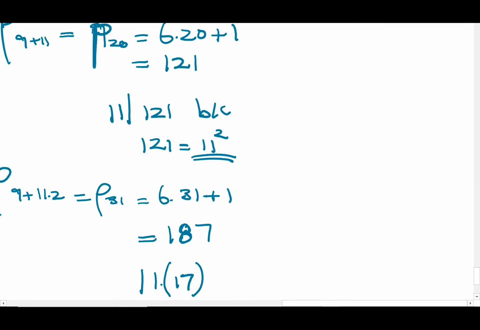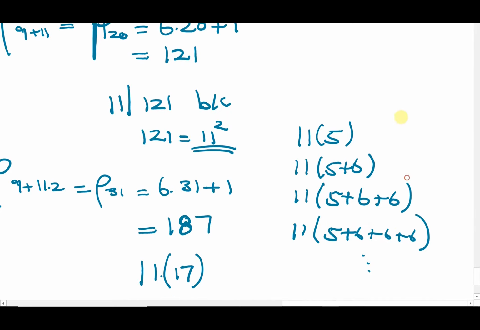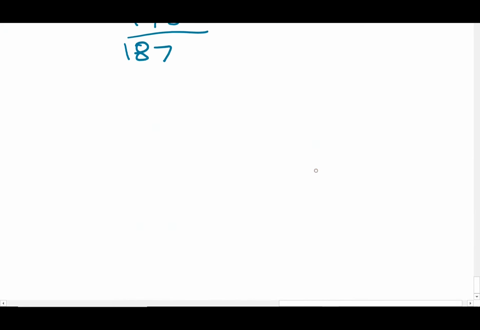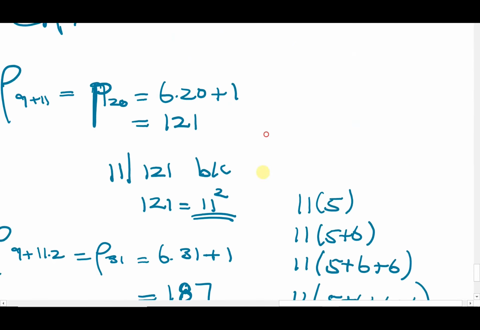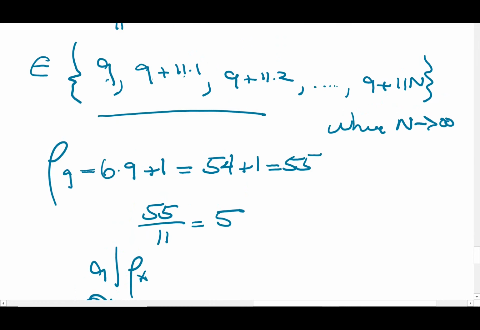We took 11 times 5 initially. Now we're taking 11 times 5 plus 6. And we take 11 times 5 plus 6 plus 6. And you take 11 times 5 plus 6 plus 6 plus 6. And you continue. So essentially this is just the algorithm to get the infinite set of non-prime numbers that divide P9.